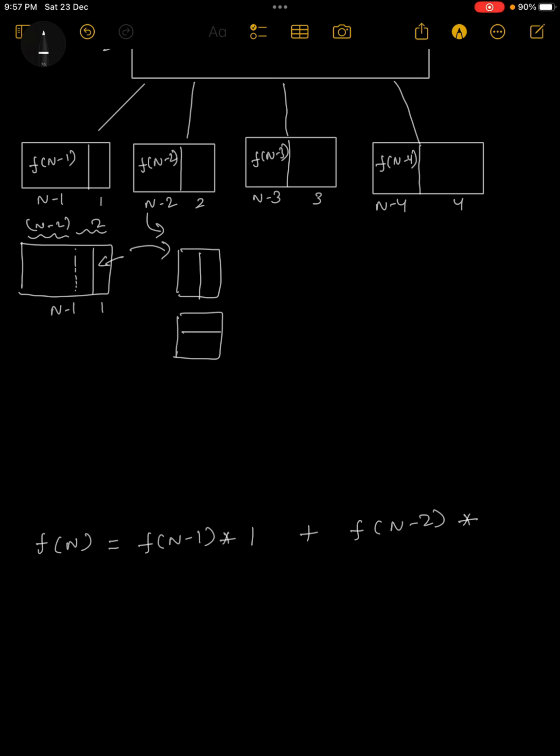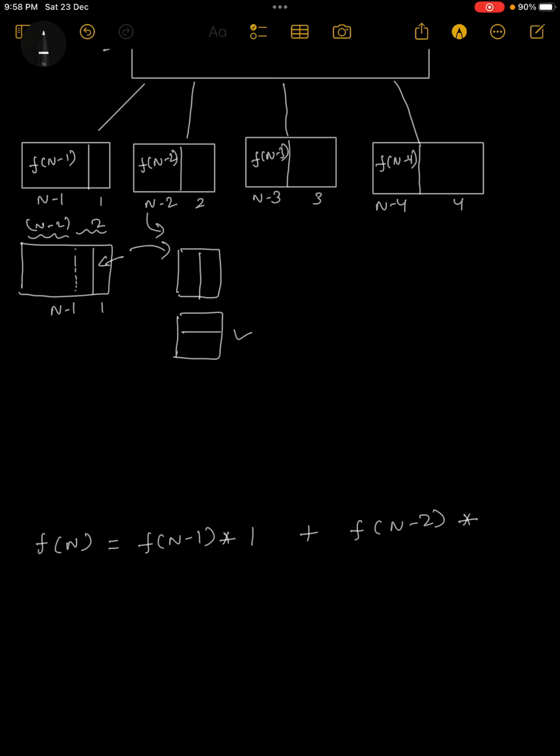So we need to take only those ways which will give us a unique answer, because in the previous ways of tiling n minus 1 we have never seen two horizontally placed tiles on the right side, because the right side was fixed with one vertical domino, right?